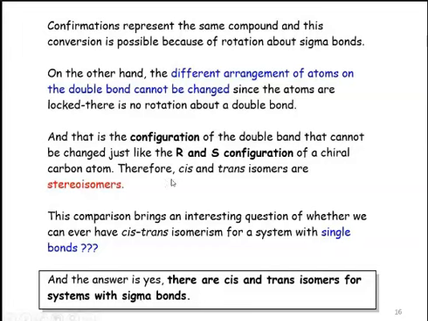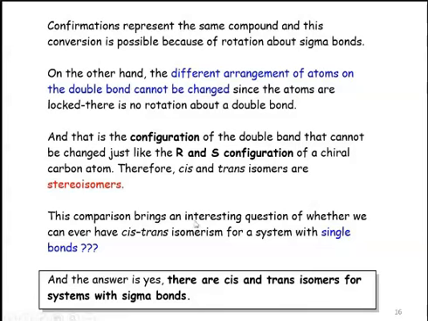Therefore, cis-trans isomers are called stereoisomers. I repeat, the configurations of a double bond cannot be changed, just like the RS configuration of a chiral carbon atom. Therefore, cis and trans isomers are called stereoisomers.